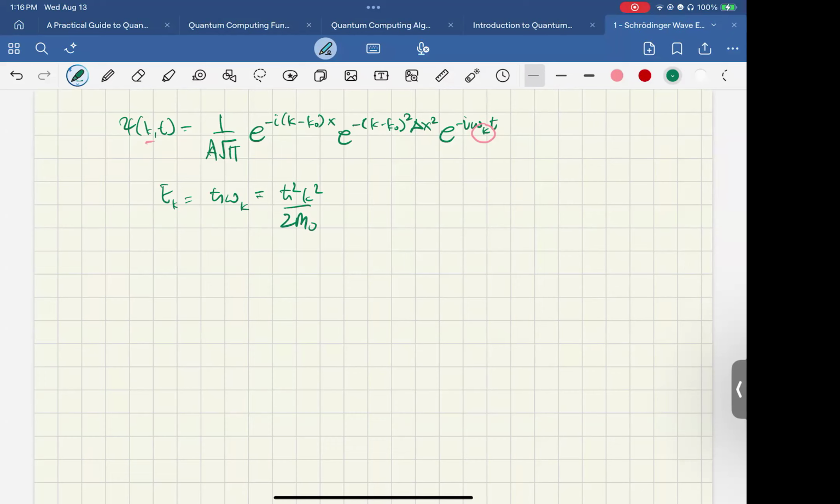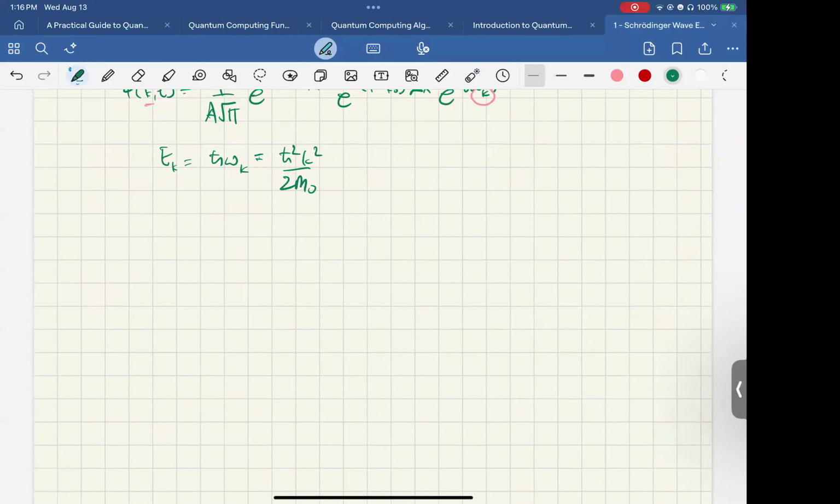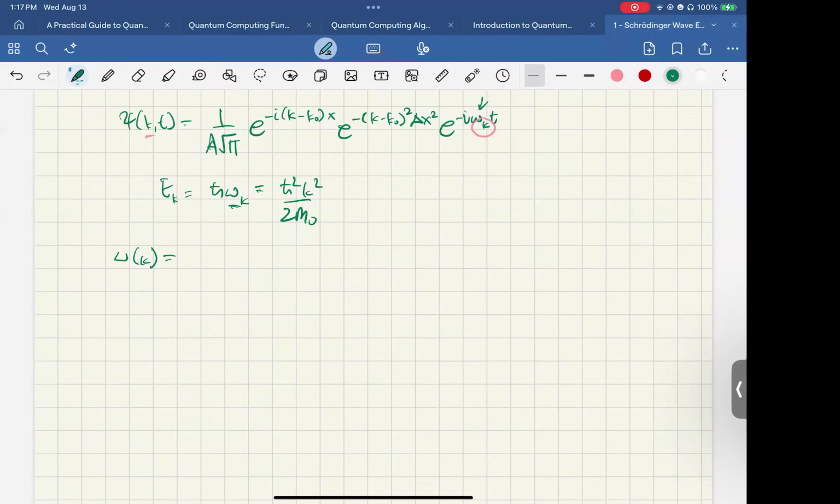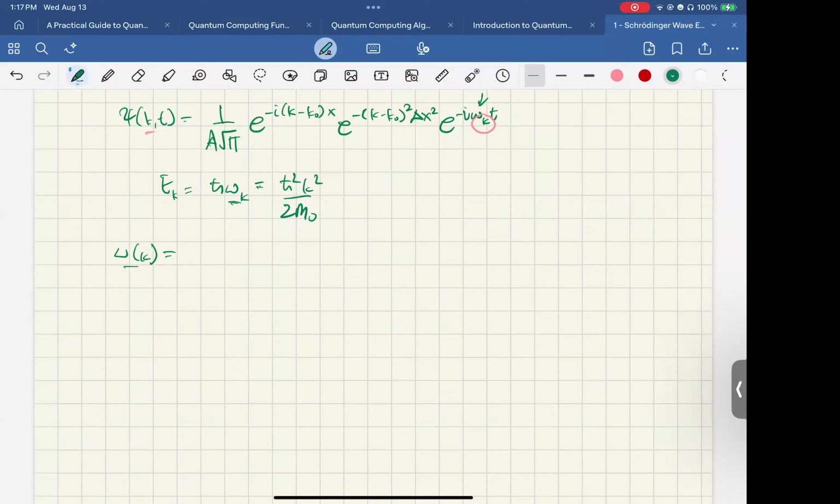And we can do a Taylor series expansion of omega here. We will use a Taylor series expansion on this omega. And you know how to do a Taylor series expansion, right? Because your teacher in 1-to-1 taught you how to do that.